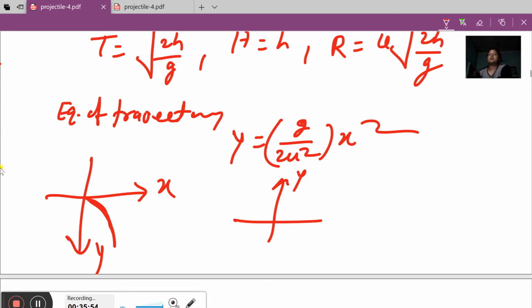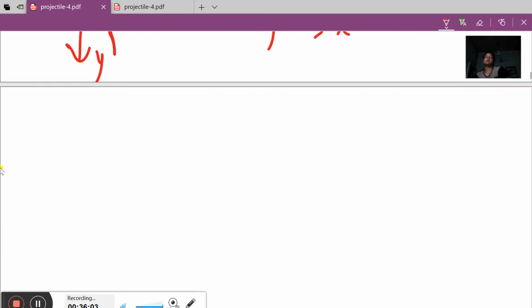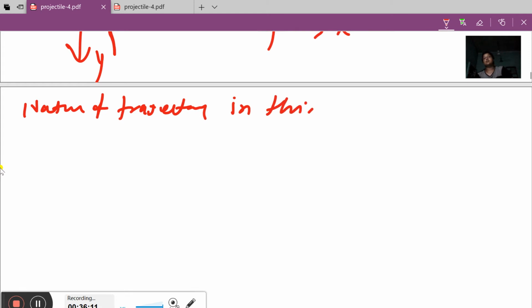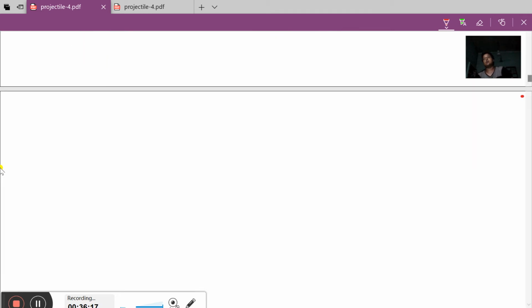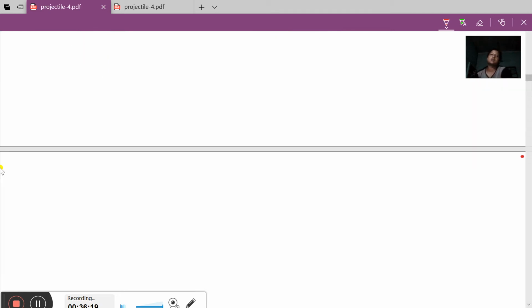If this one is y, this one is x, the graph is like this. What is the nature of trajectory in this case? It is parabolic.